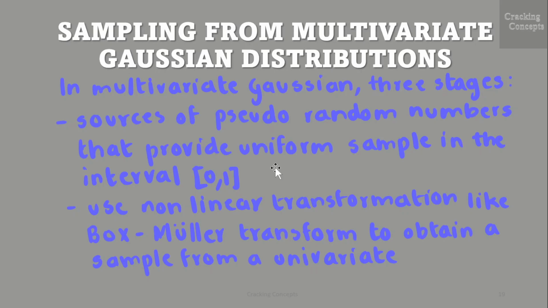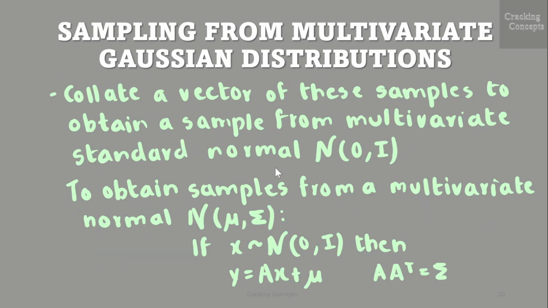Second, we use a non-linear transformation such as the Box-Muller transform to obtain the sample from a univariate Gaussian. And for the third step, we collate a vector of these samples to obtain a sample from a multivariate standard normal, which has mean 0 and identity matrix as its variance.